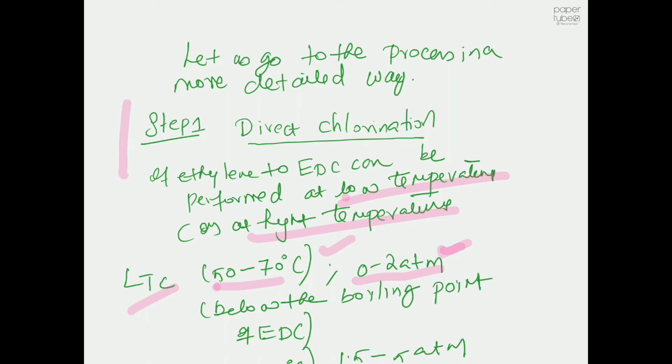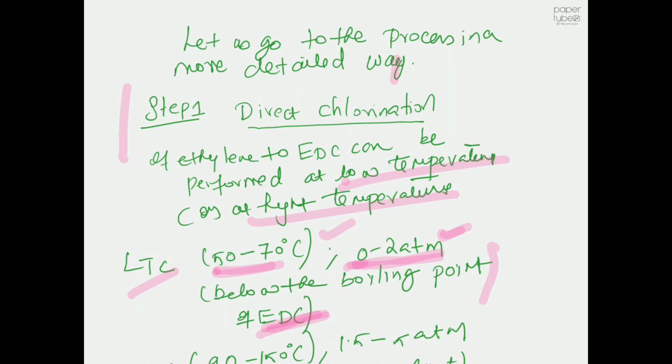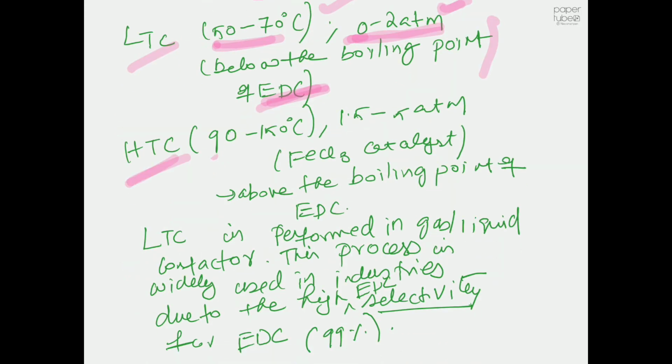At 50 to 70 degrees centigrade and a pressure of 0 to 2 atmosphere, we are below the boiling point of ethylene dichloride, which means your product will be a liquid. You can perform the same direct chlorination reaction at high temperature, say 90 to 150 degrees centigrade at 1.5 to 5 atmosphere. This is your pressure.